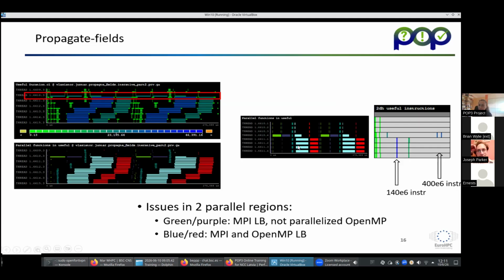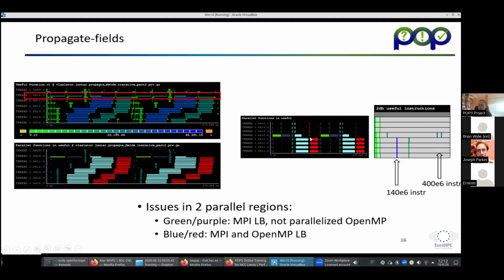If we check the blue and the red regions, what we see is there's load imbalance at the MPI level, because these 4 threads belong to one MPI process and these 4 belong to another. So this MPI process has much more work in the blue region than this one, and the same for the red one.